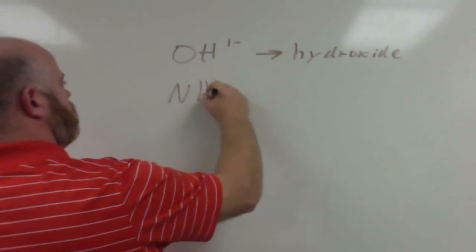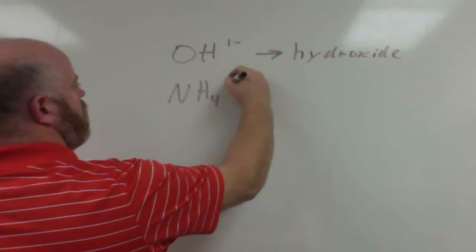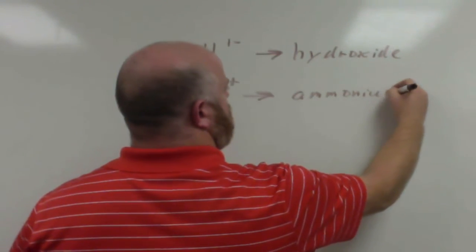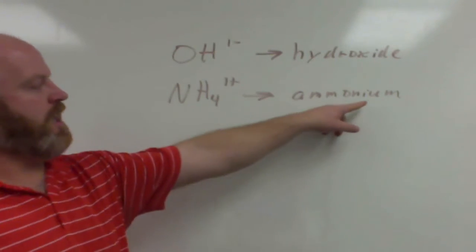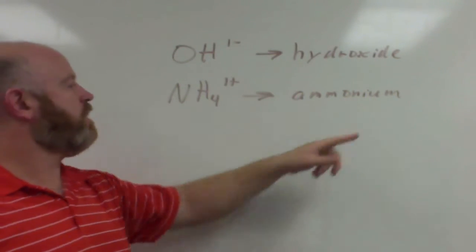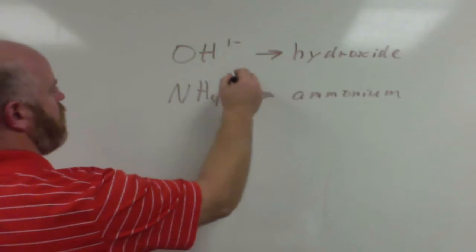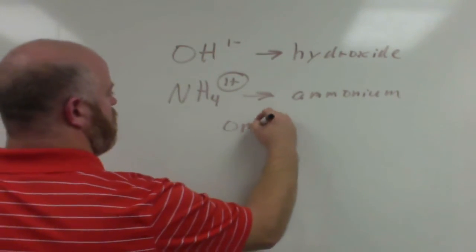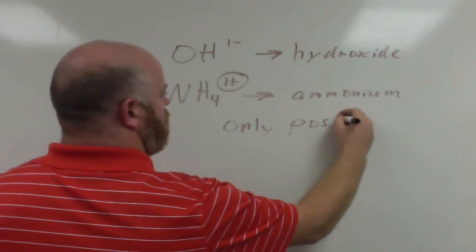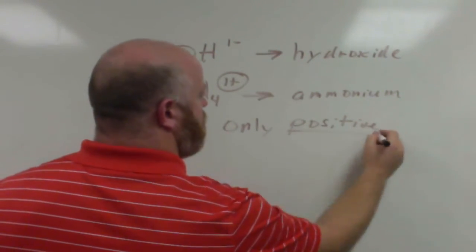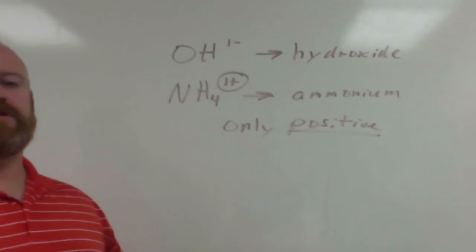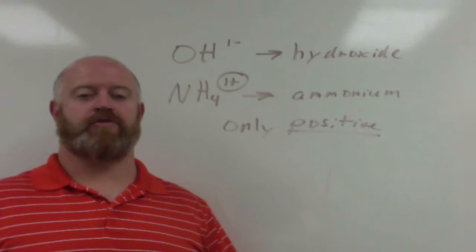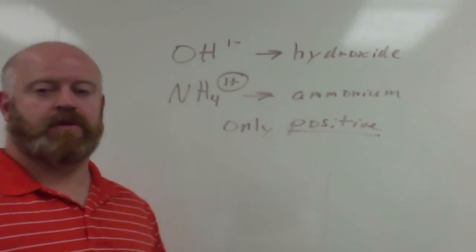Ammonium is also named a little differently. And this one is on purpose because ammonium, if you look, is our only positive polyatomic ion. So this is the only case where we're going to have a polyatomic ion that acts as a cation or is written first in a chemical equation.